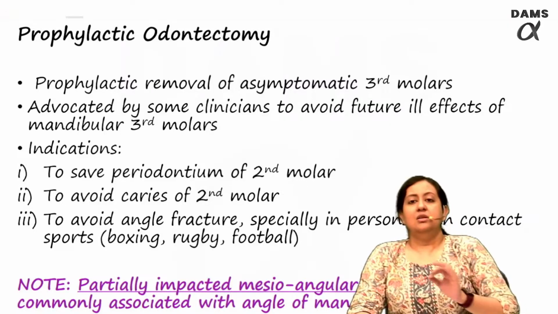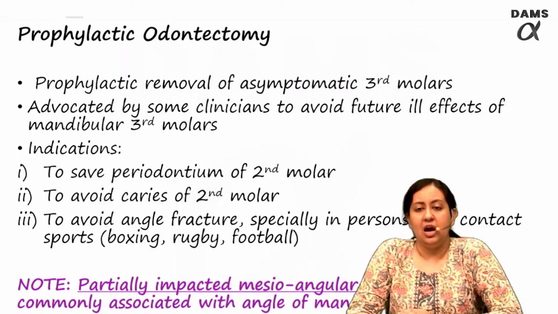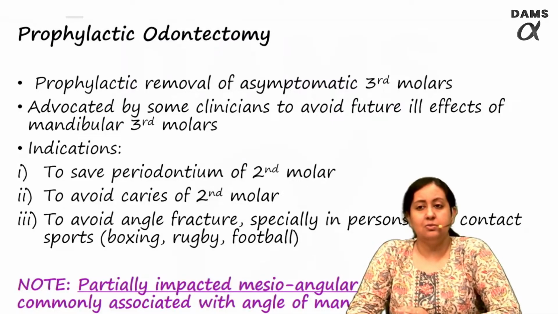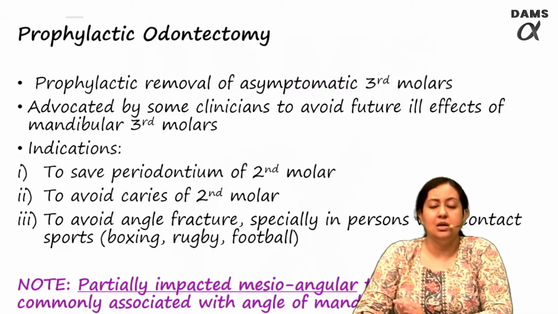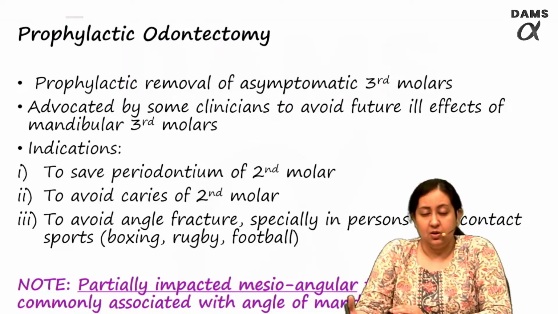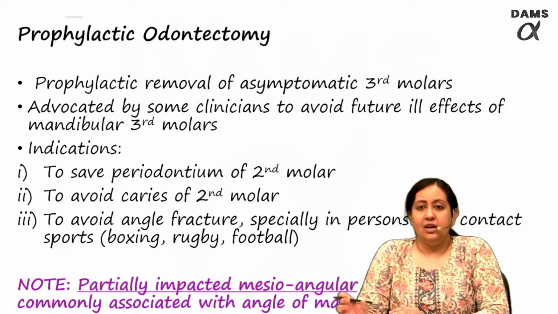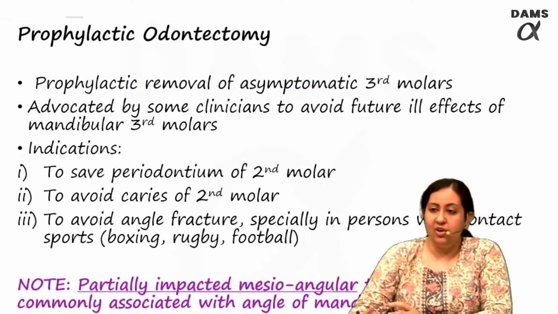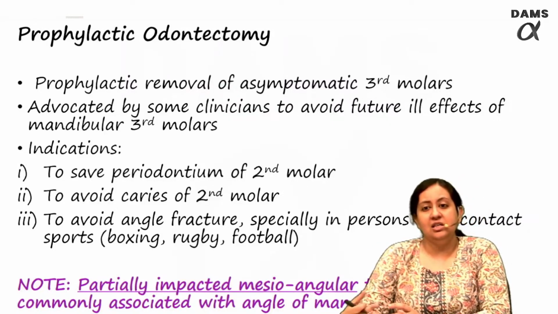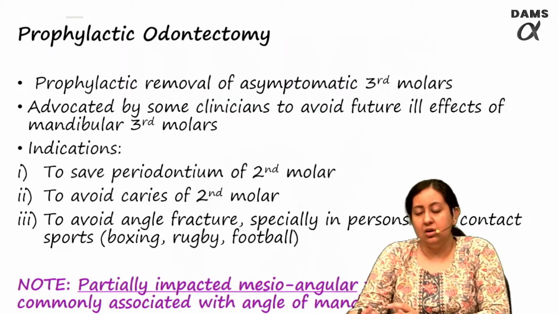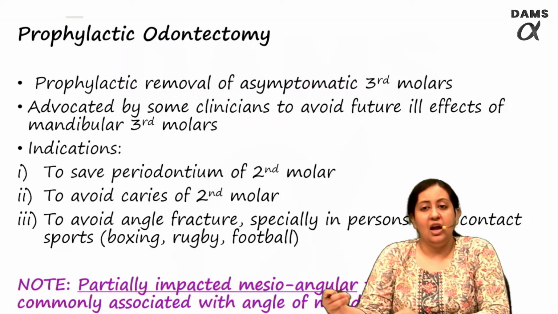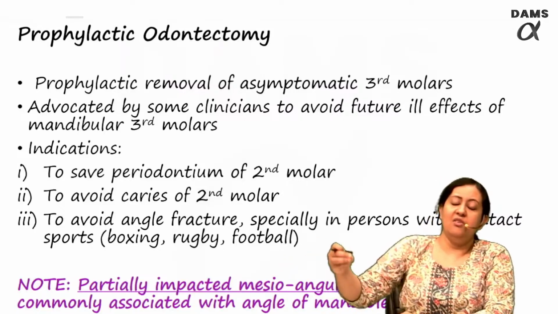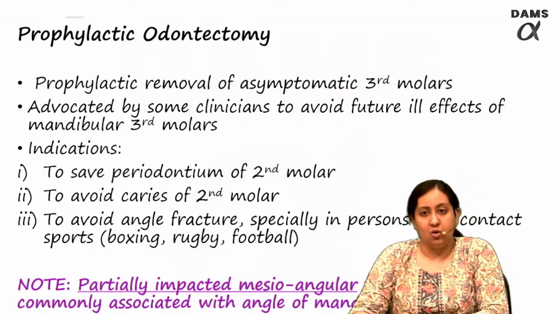There is something known as prophylactic odontectomy. Now, what is this? Prophylaxis, the basic meaning of prophylaxis, is prevention. Prophylactic odontectomy means that you are prophylactically removing an asymptomatic third molar so as to avoid any future problems or any future ill effects that it might cause.